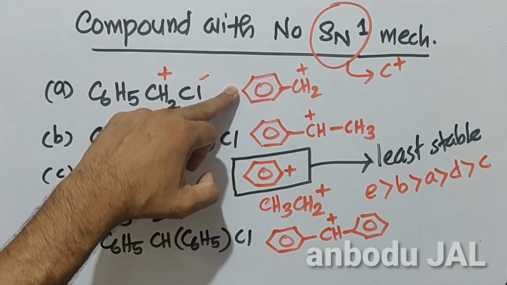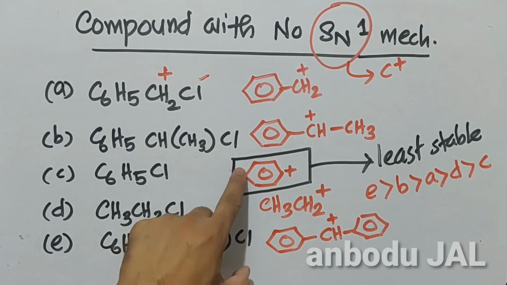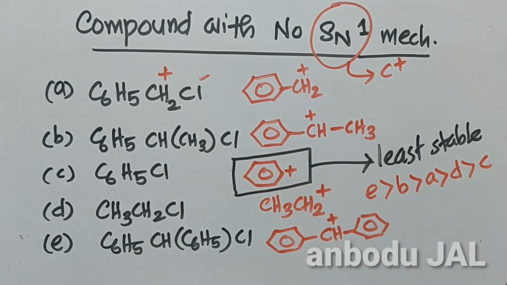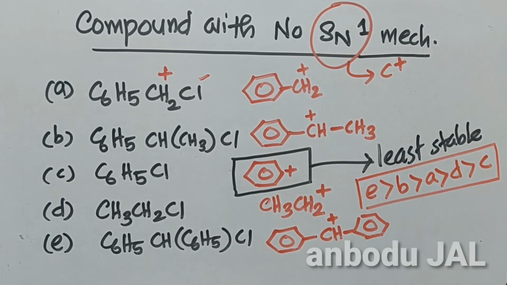Here, resonance and here only hyperconjugation. Here, no resonance and no hyperconjugation. So this carbocation is very less stable. This is the order of stability of carbocations.